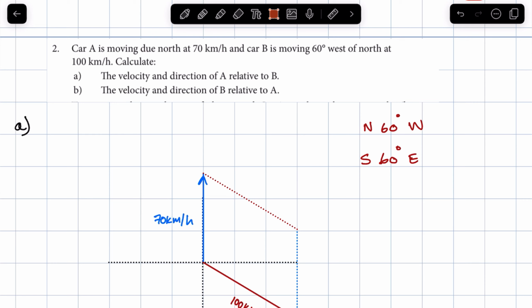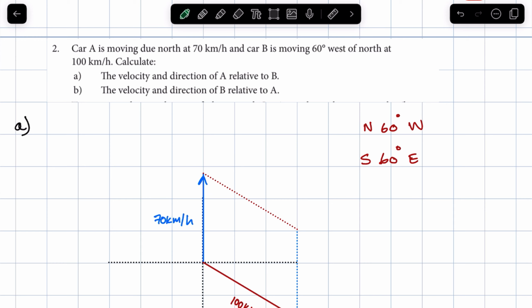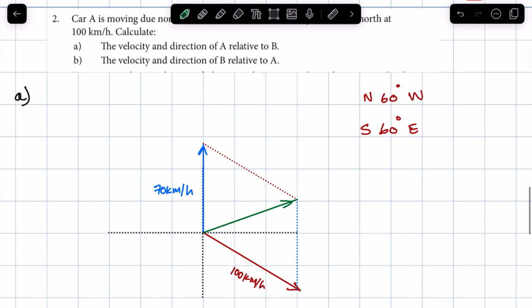And then this means that our velocity of A relative to B will be in this direction. So that will be the velocity of A relative to B, essentially.